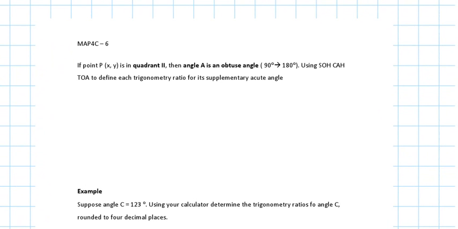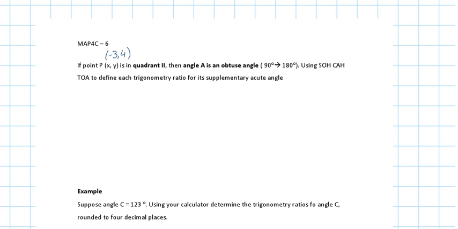So give me a point in quadrant 2. Same values, 3 and 4, but what would change? Which one is negative? The x is negative, right? So the point is going to be negative 3, 4. That's in quadrant 2.